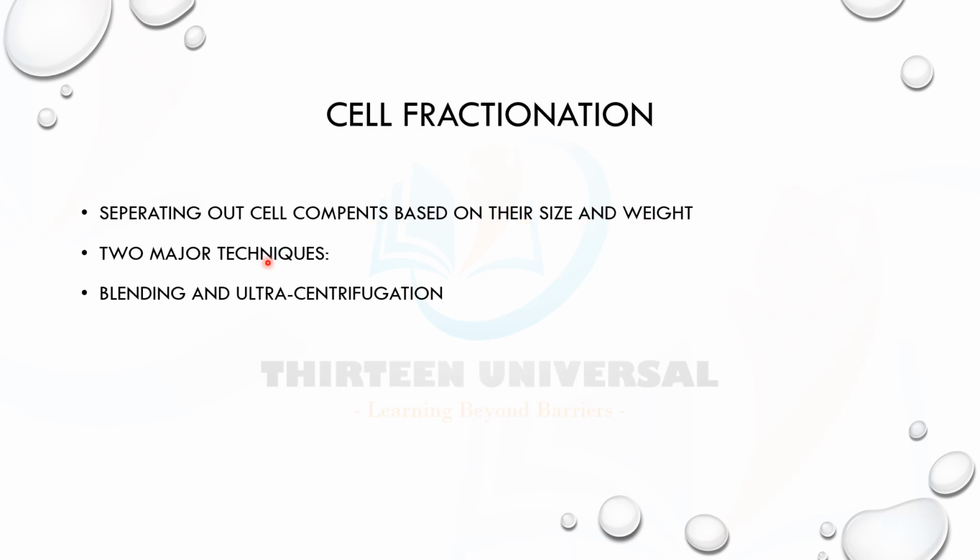Okay, 2 major techniques. The first one is called homogenization or blending. So what do you do? Get the liver or apple, put it in a blender and then grind it. Okay, or put it in a mortar and use sand to grind it. The reason for this is to break the cell to release the cell content.